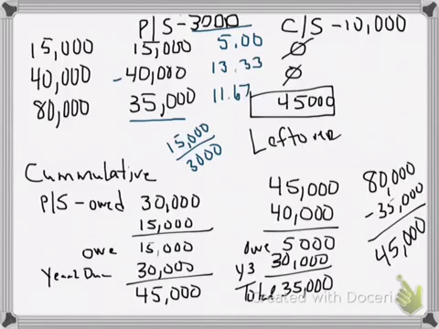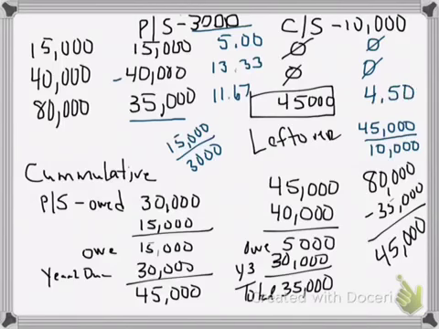Now, for my common stockholders, if they don't receive anything, then they get 0 per share. For that last one, I would take the $45,000 that they received and divide it by the total number of common shares, which was 10,000, and that gives me $4.50 per share.